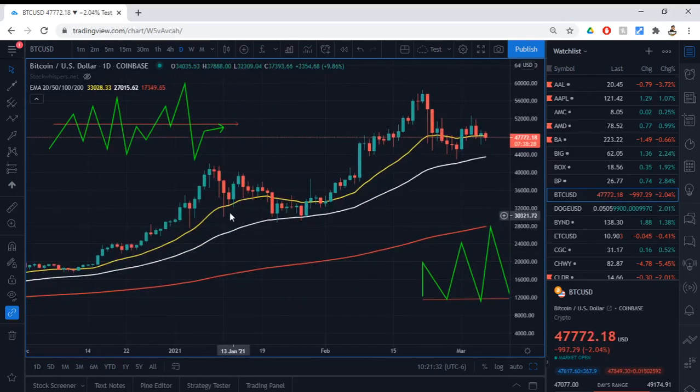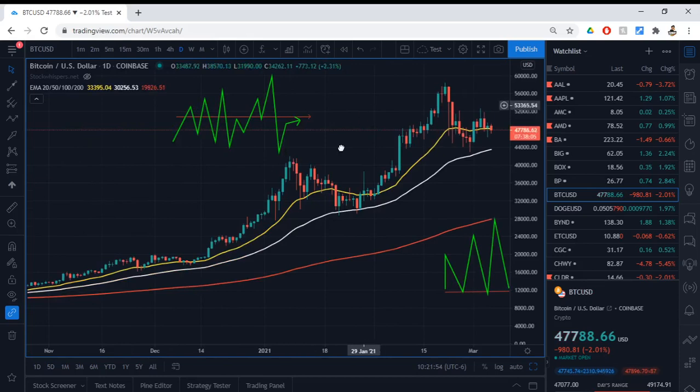That's why we have this little wick here that didn't exactly respect the moving average. Here, it's kind of stuck between two moving averages. Here, it's up and down, but it's holding the 20. And now here, we're also attempting to hold the 20 on Bitcoin.